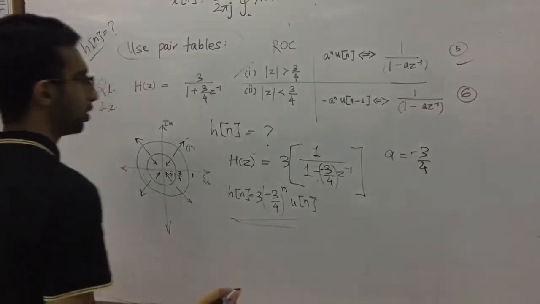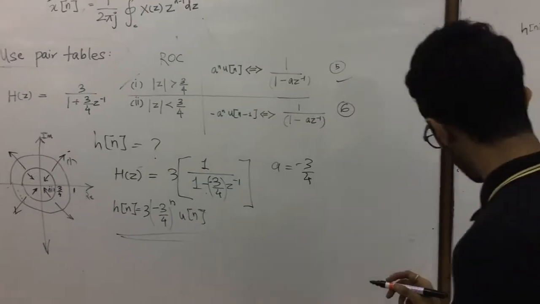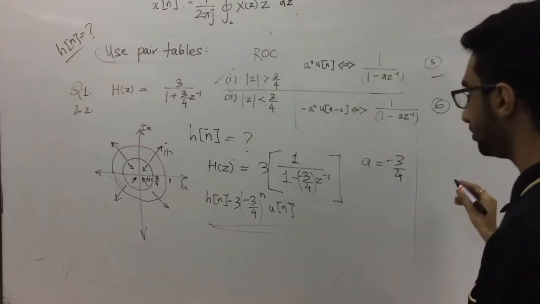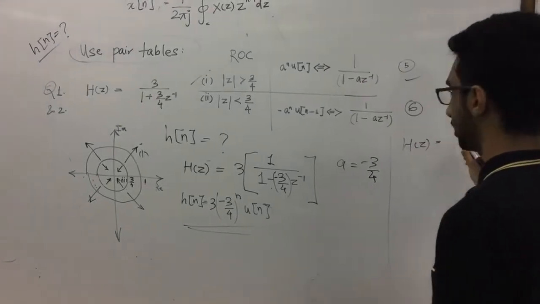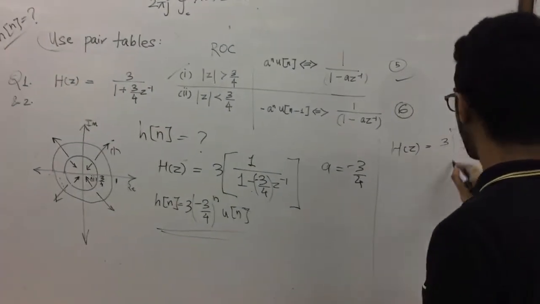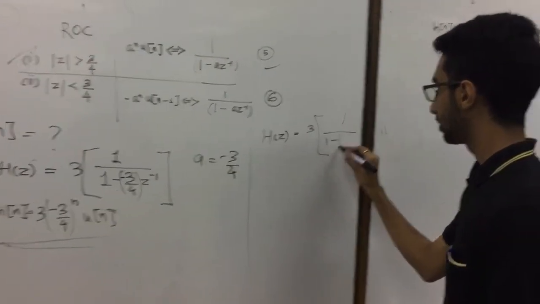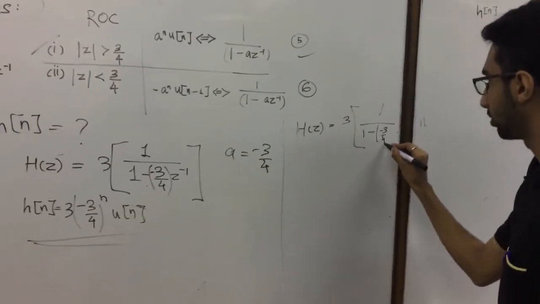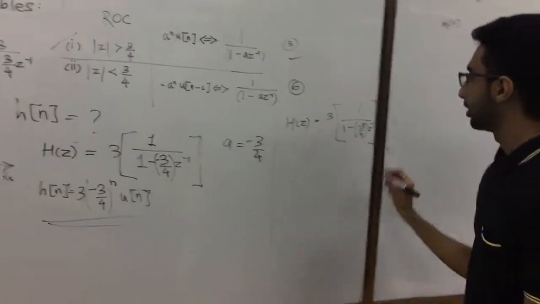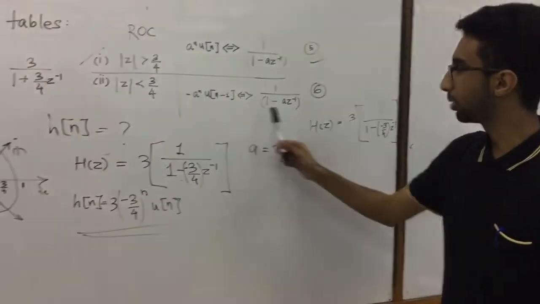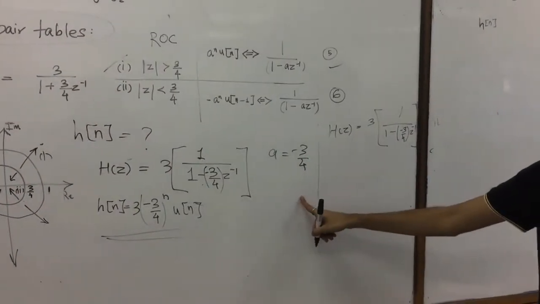So for case 2, we can write it in the same form, which is H of z is equal to 3 times 1 divided by 1 minus 3 over 4 z to the power of minus 1. Alright, so we can use this formula because it's of this form now, where a is still minus 3 over 4, right?